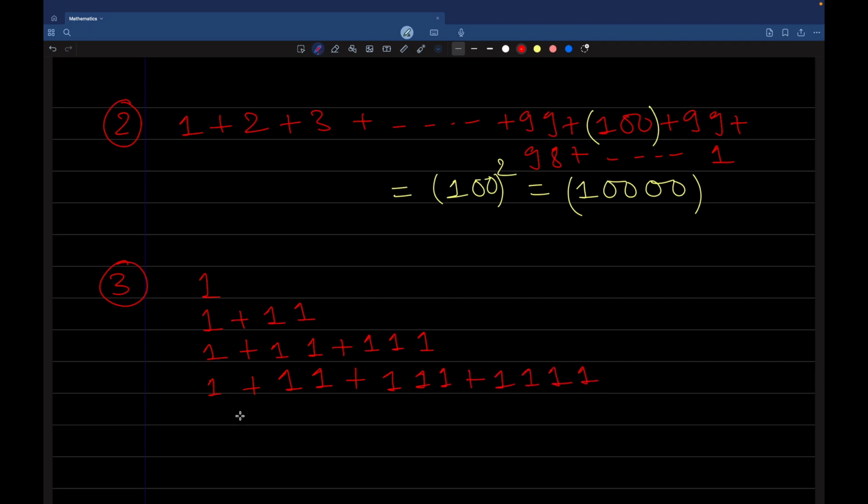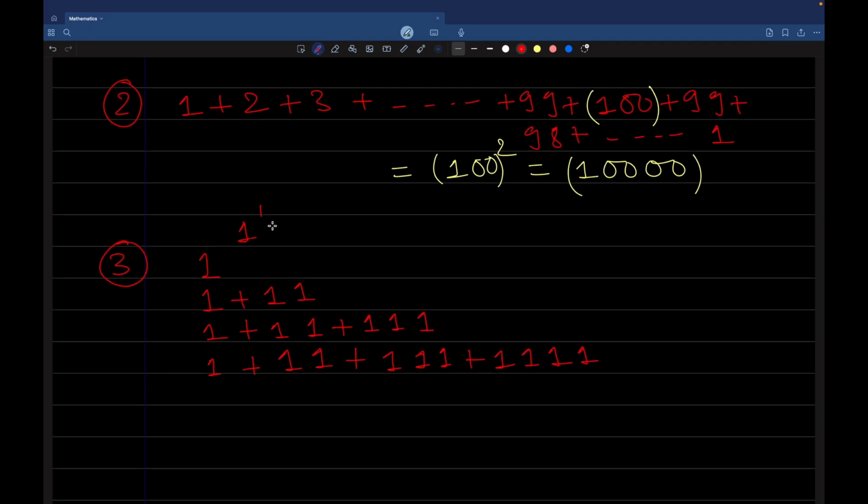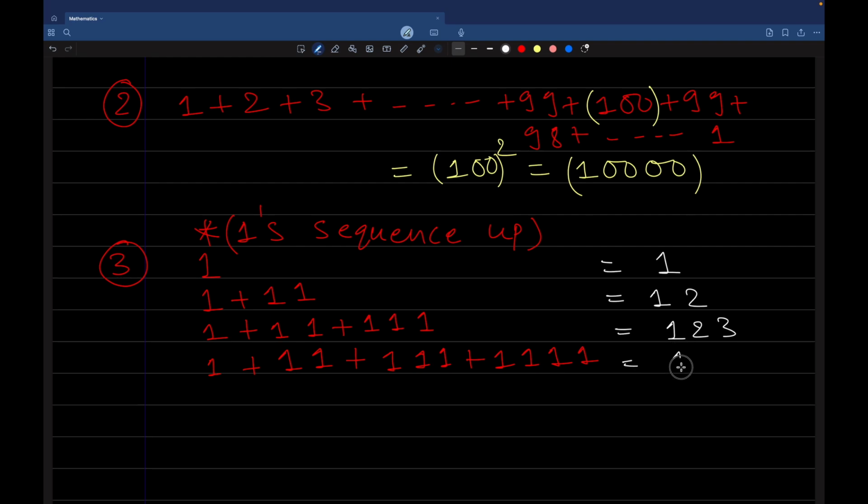If we see, we get 1 plus 11, that is 12, then 123, and then 1234.